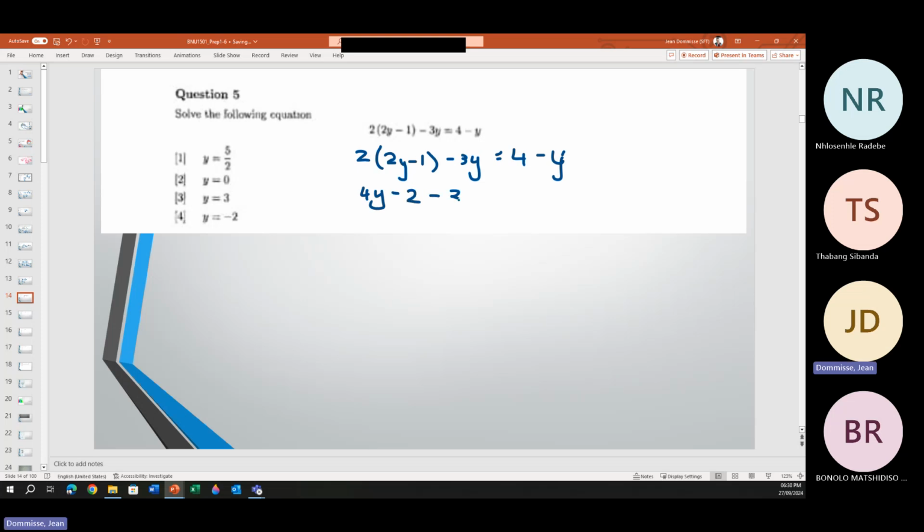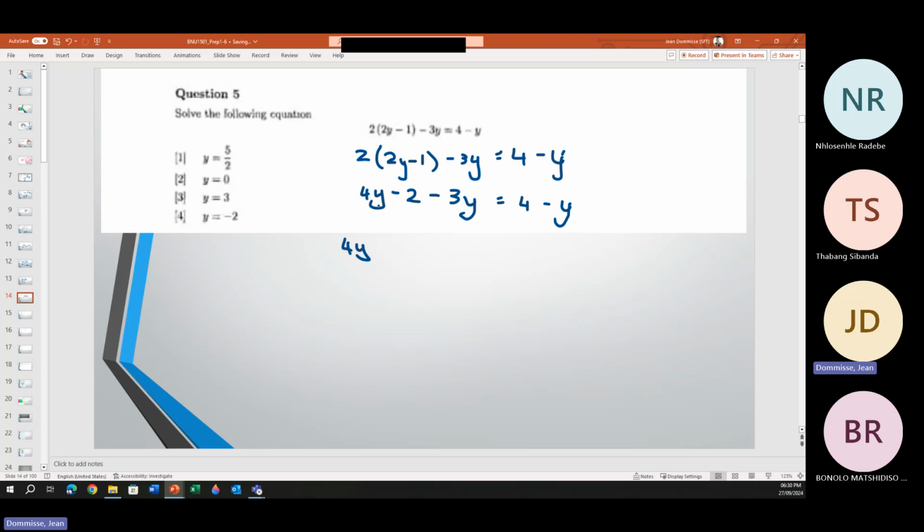Then I will just rewrite the rest as is. How I normally look at it is I bring all the y's to the left.